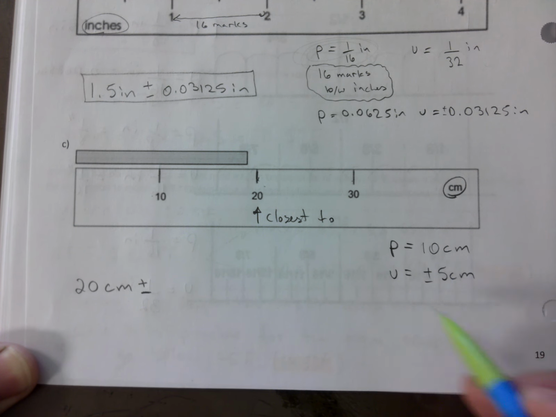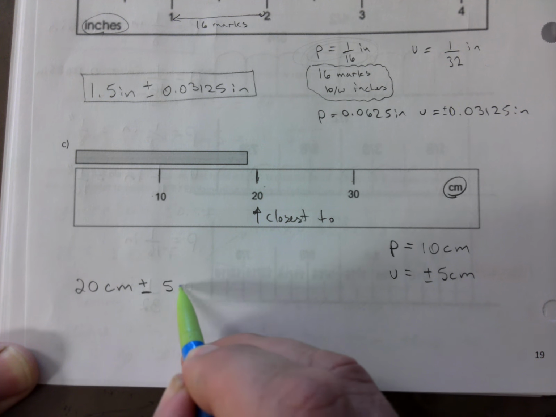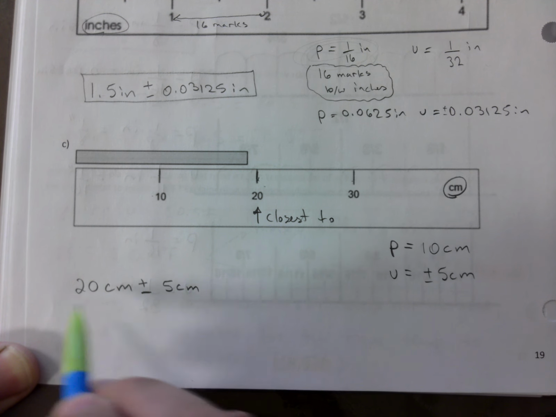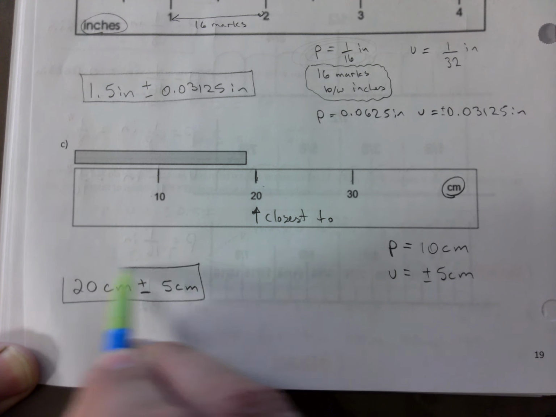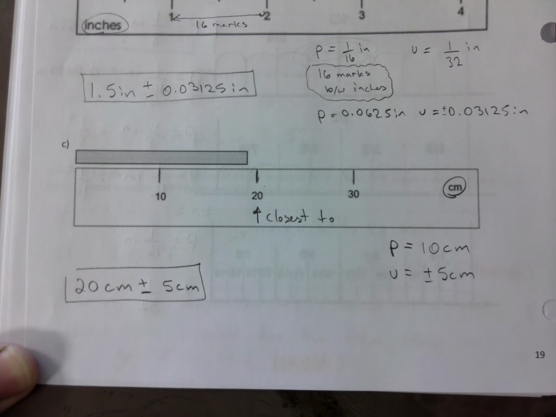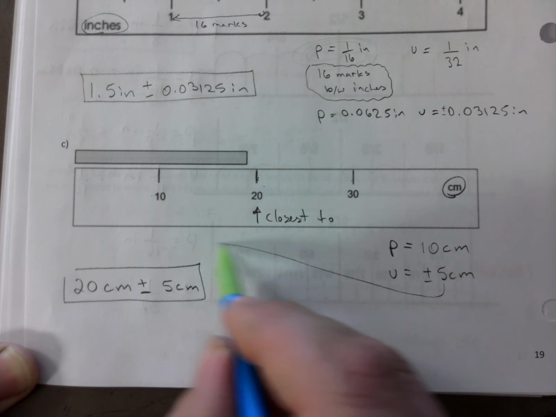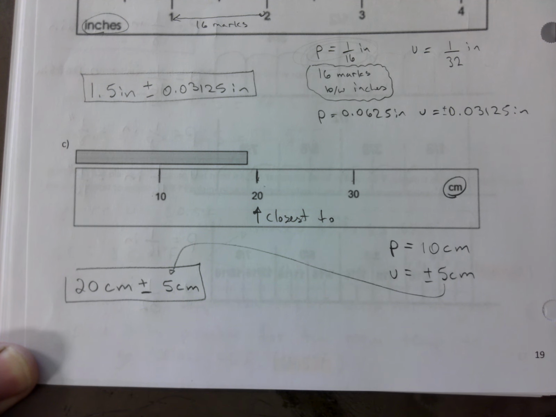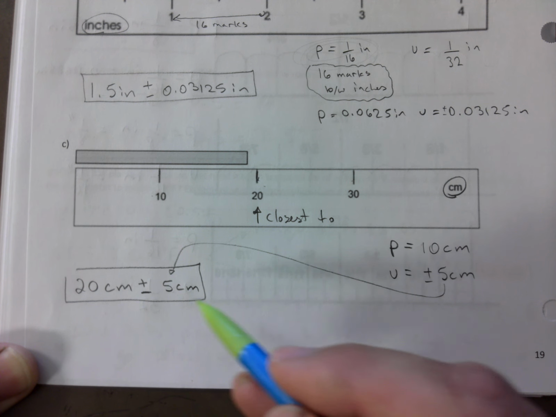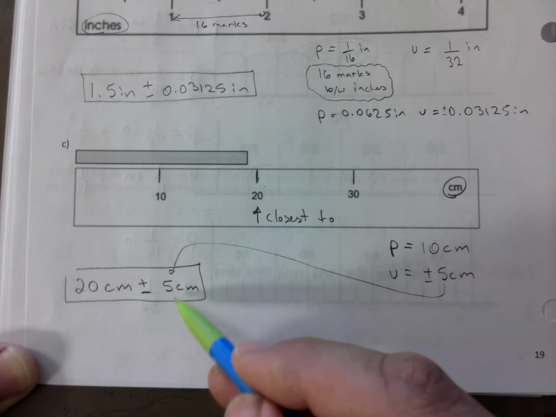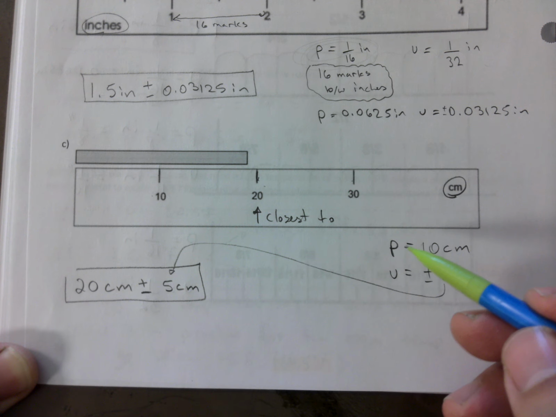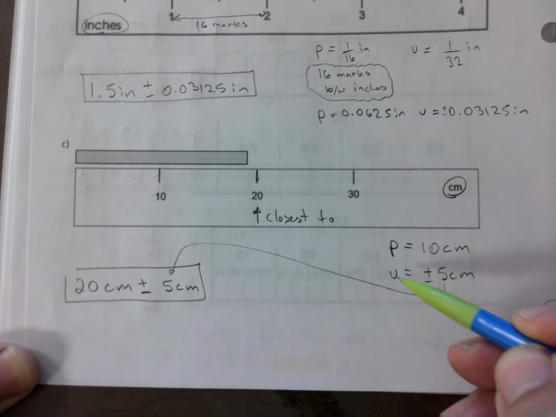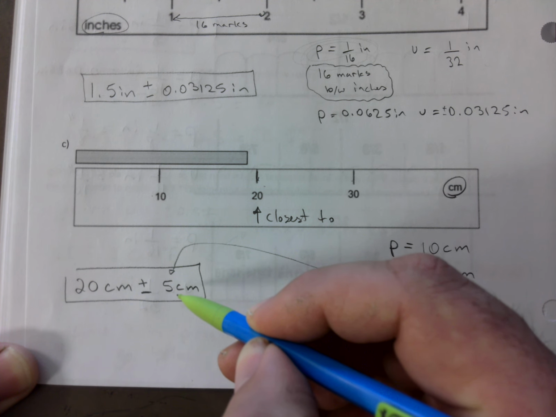Okay. So this 5 is what I'm going to tack onto this measurement. So now you've stated your measurement plus or minus its uncertainty, right? So this 5 came over there. The biggest mistake is that students just find the precision and tack that on here. That's incorrect. You have to go precision, uncertainty, then you tack it on there.